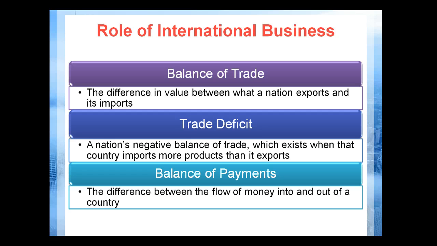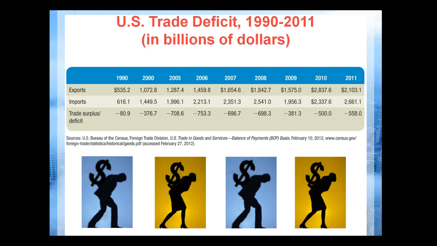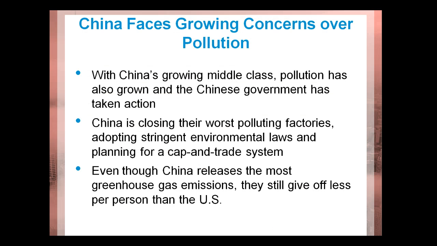Try to find ways to bring value to your trade and make certain the flow of money in and out of the country is done in such a way that the organization and the nation as a whole can benefit. The United States obviously imports more than it exports, and we have been dealing with, I would say, for the past 10, 12 years, a trade deficit, and you can see the numbers here.